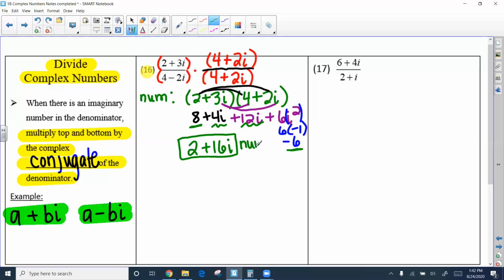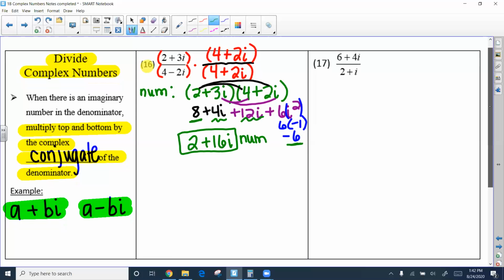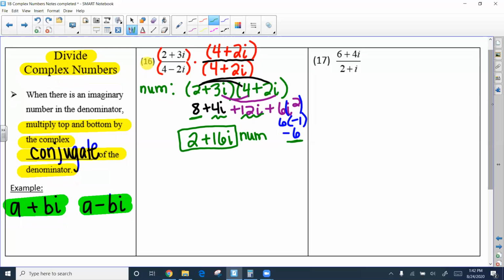So keep that in mind. We're not done yet, but we are halfway done. That's what I get in the numerator. I multiplied 2 plus 3i times 4 plus 2i and got 2 plus 16i. Now let's do the denominator. Then we will put it together.